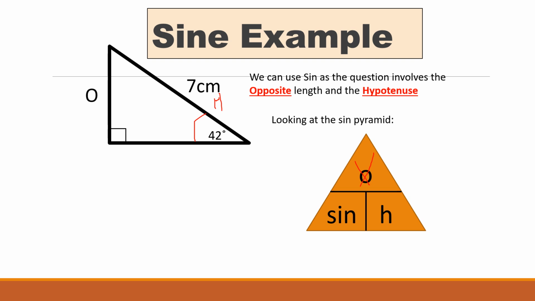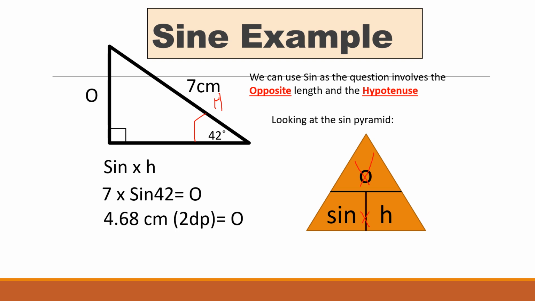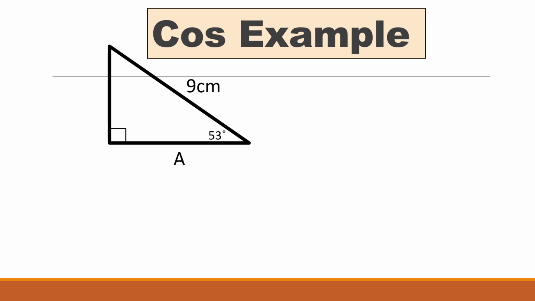So now I know I've got to do sin multiplied by h. On my calculator, I'm going to write sin 42 multiplied by 7, and that will give me my opposite, which is 4.682 to 3 dp.